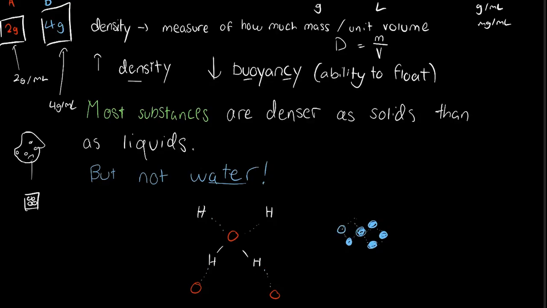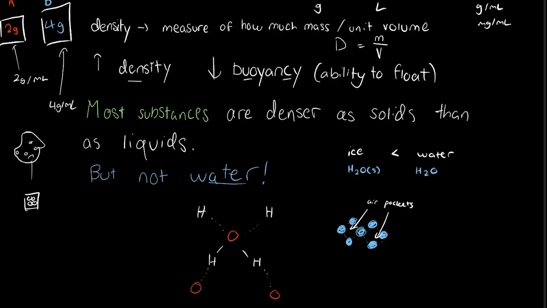But the trade-off is that it's not as dense, because in trying to make this crystal structure, there are some air pockets that are left. So actually, ice, which is solid water, is less dense than water.